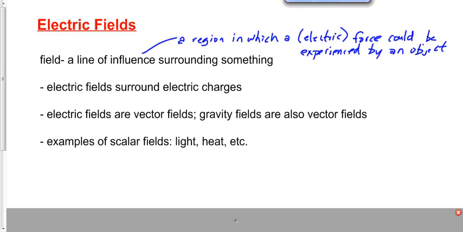So how does this all relate to the forces thing? Forces is what we've been talking about for the last few days, whether we're talking about between two charges or three charges along a line or three charges in two dimensions with a 90-degree angle. Field is the influence of something. Force is when something experiences that influence.